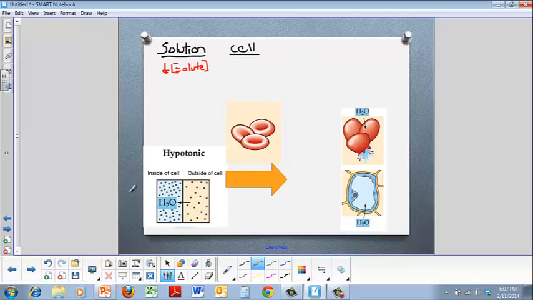It also tells me that inside my cell, because the solution outside of the cell is hypotonic, that makes the inside of my cell hypertonic. So that makes this a high solute concentration.